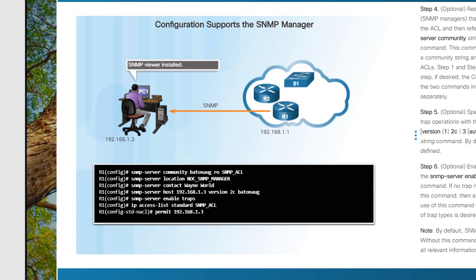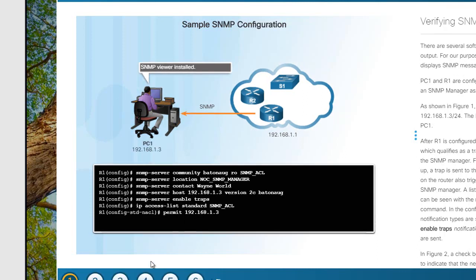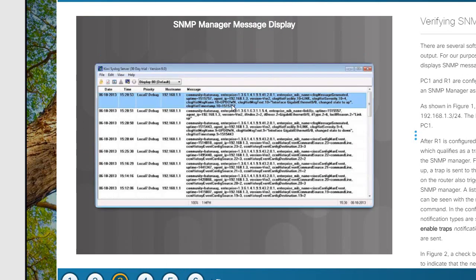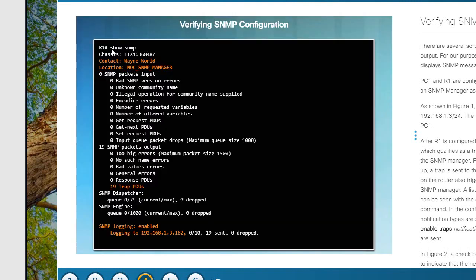Some other examples we have, if you go over to your SNMP manager, there is going to be some type of software set up there. This is an example of what that software might look like. The option to enable traps there. Okay. SNMP manager display, you can't really see too much there, but on your device, you've got your show SNMP command. It shows your contact, your location that you documented, how many trap PDUs there's been.